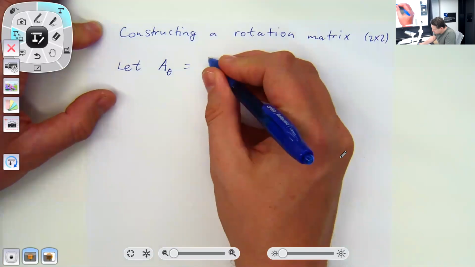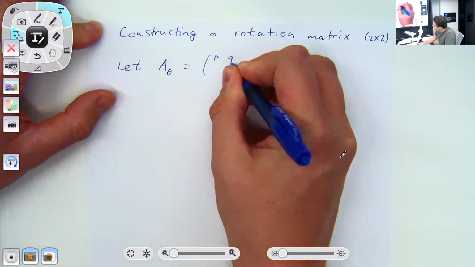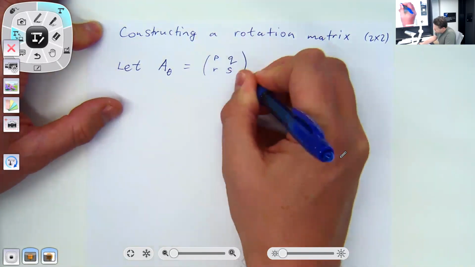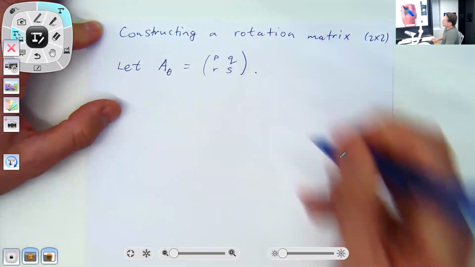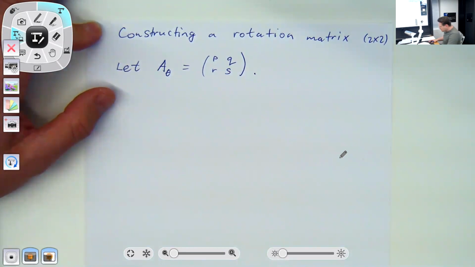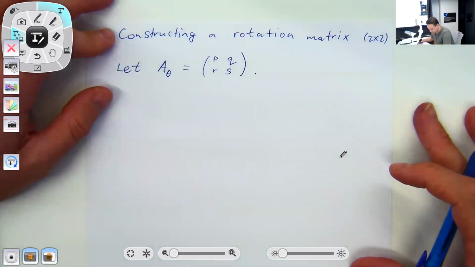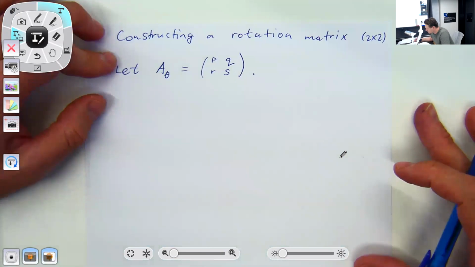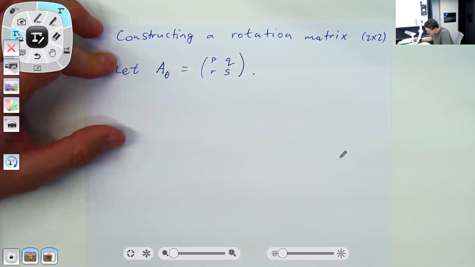Okay, so let this be equal to P Q R S, and we want to work out what that is. Okay, but we need a good diagram, okay? And I want to keep this simple, so I'll make the simplest diagram I can think of without oversimplifying it.